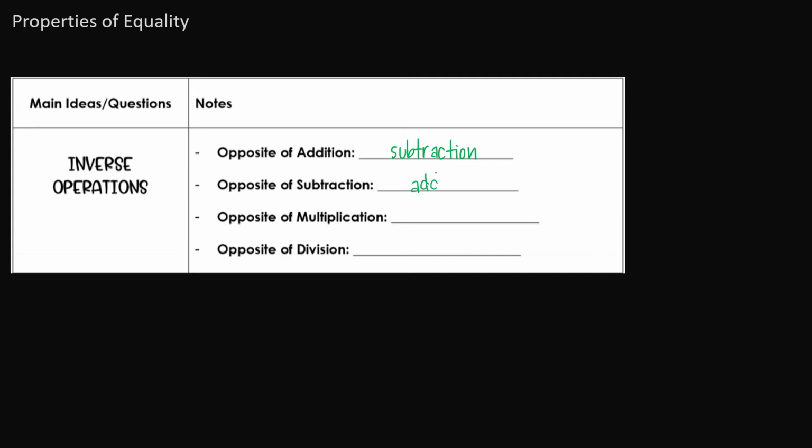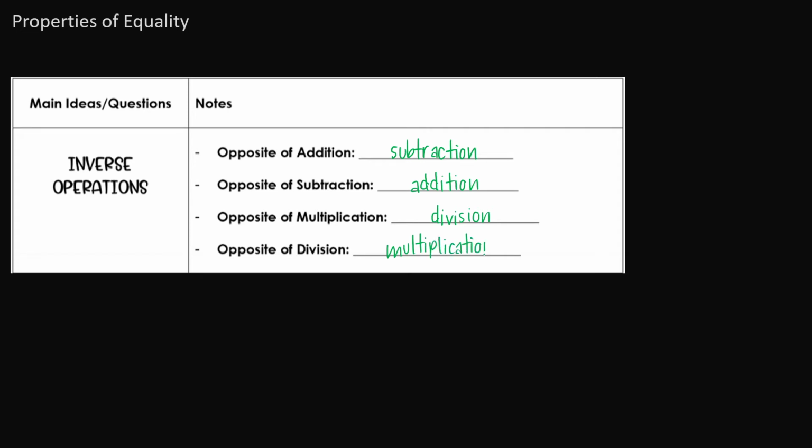They are opposites of each other. For multiplication, to reduce or eliminate multiplication, we need to divide. The opposite of multiplication is division. And conversely, the opposite of division would be multiplication. They are opposites of each other.